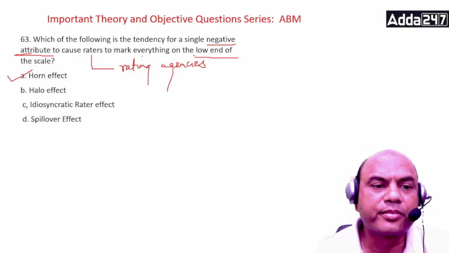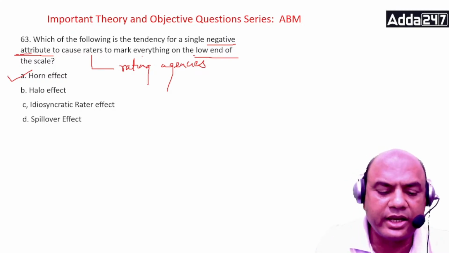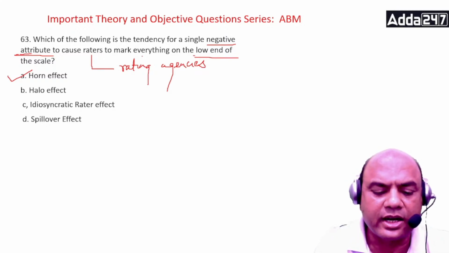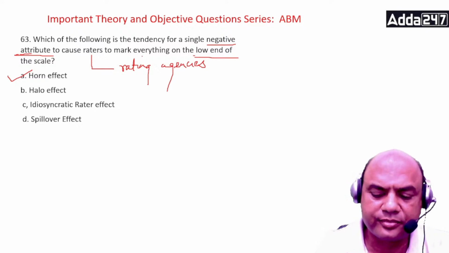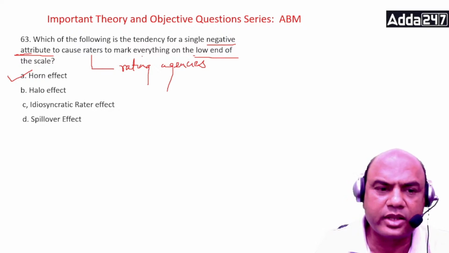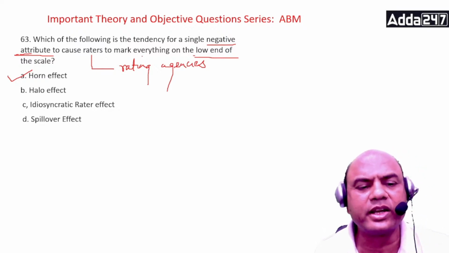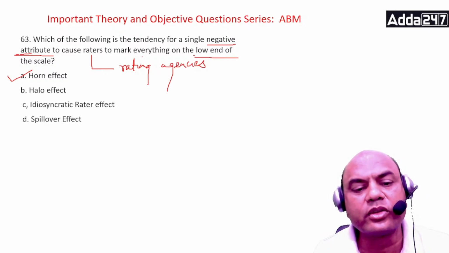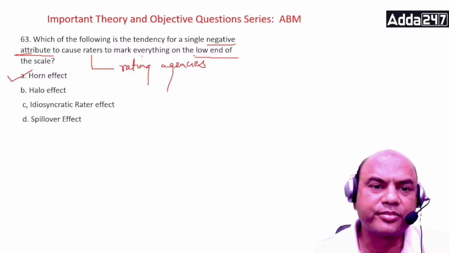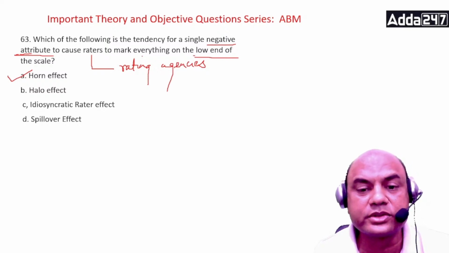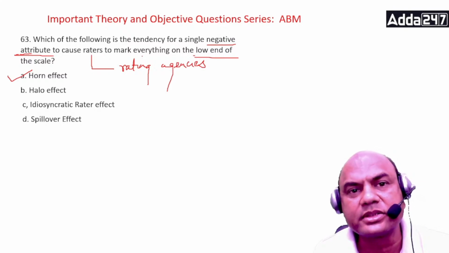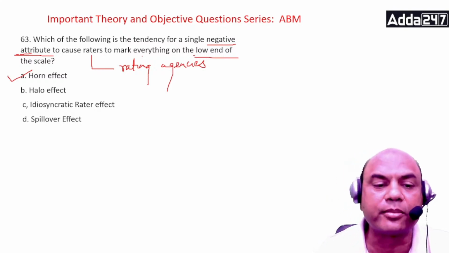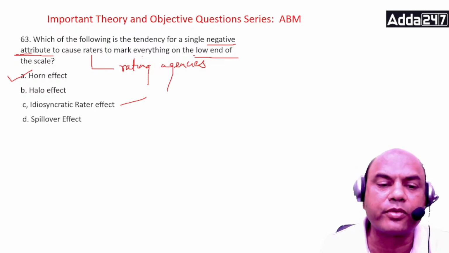Okay. What is this third one? Idiosyncratic. What is the meaning of this idiosyncratic? Having strange or unusual habits of behaving. Strange or unusual habits means what? If this company, idiosyncratic means strange or unusual habits, means sometimes in one year my profit is 100 crores.